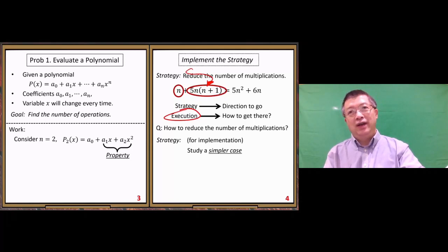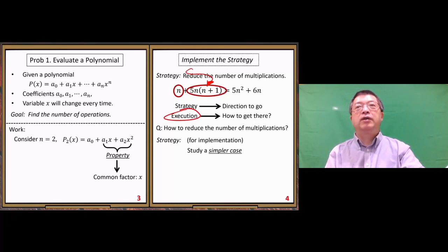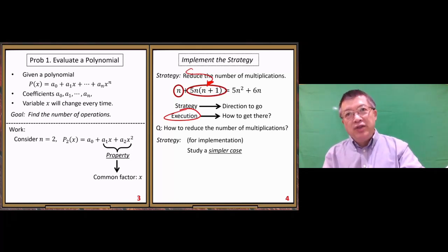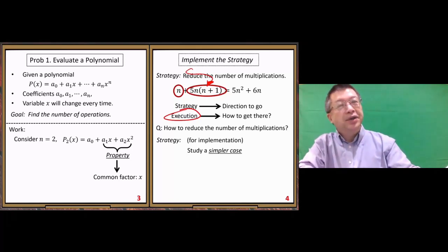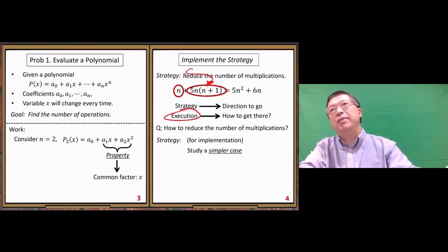The property is they have common factor x. Common factor x. That's the property. We want to take advantage of this property to help us improve the performance.